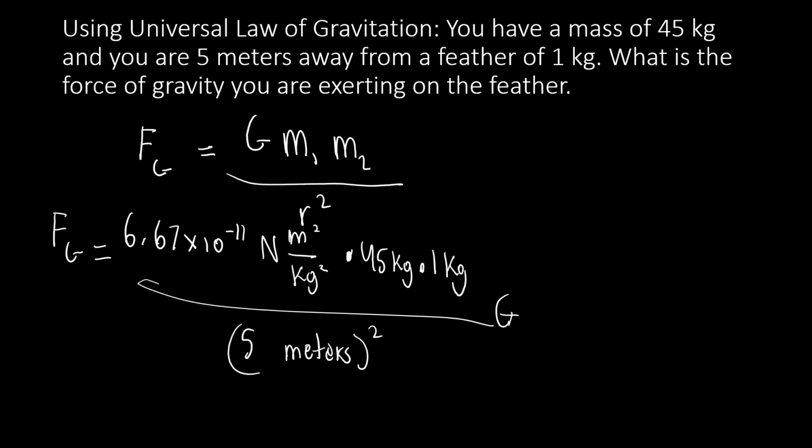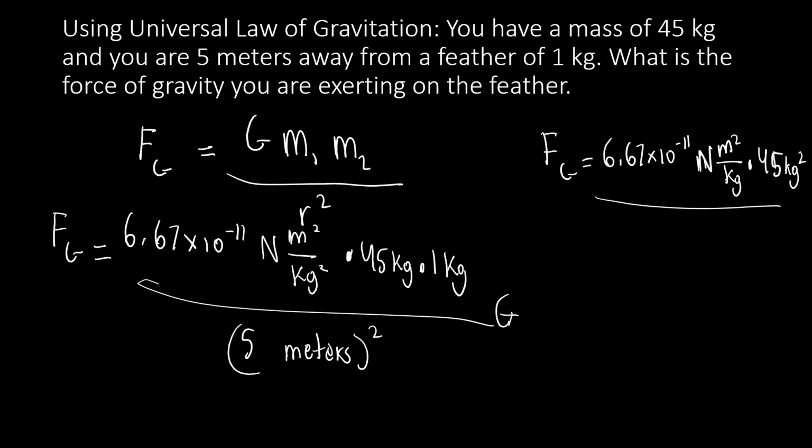So we have the force of gravity is equal to 6.67 times 10 to the power of negative 11 newton meters squared per kg squared, times 45 kg squared over 25 meters squared.